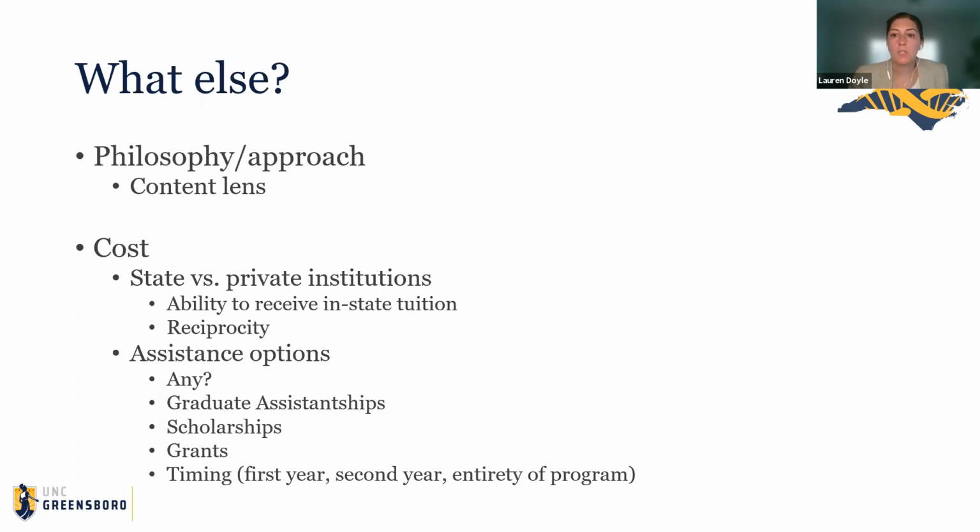As an example, at UNCG, we consider that we have a holistic approach to genetics and genetic counseling, where absolutely we are teaching and talking about the core molecular components and the psychological theories and the counseling skills, but really we like to go beyond that into the interconnectedness of it.